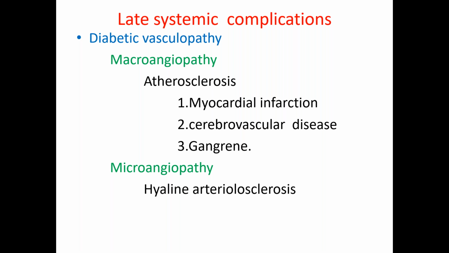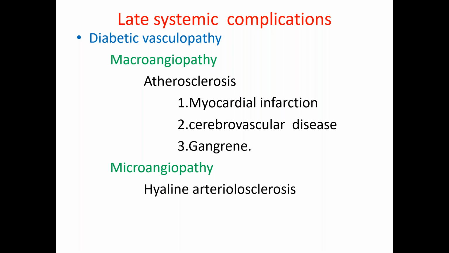So an important disease associated with the late complications of diabetes is atherosclerosis. Premature, early onset, severe atherosclerosis may lead to myocardial infarction because of coronary artery atherosclerosis and thrombosis. In the brain it may lead to cerebrovascular disease, which may manifest as cerebral thrombosis or cerebral hemorrhage, which may also lead to coma.